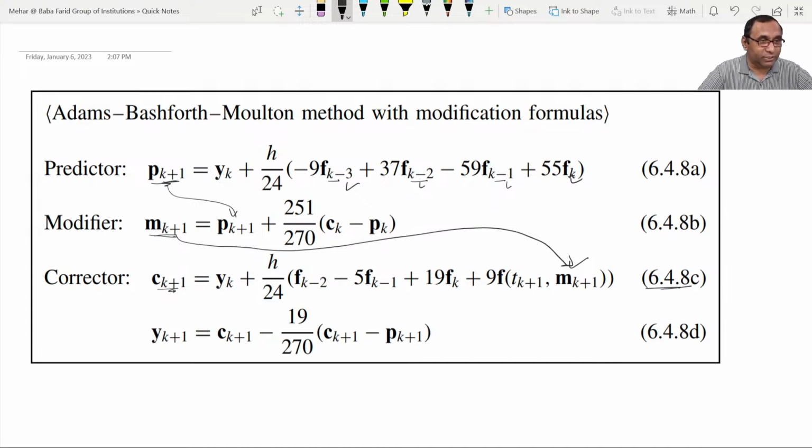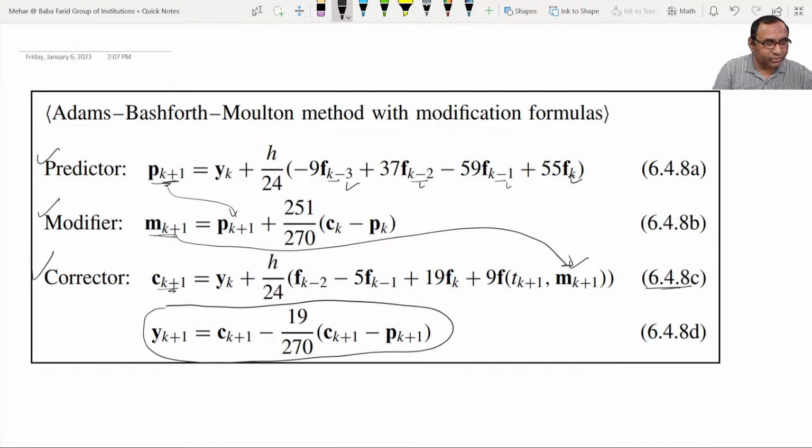Otherwise, the lecture will be too long and I will not be able to complete it in one session. So here, this is the predictor, this is the modifier, and then we have the corrector, and the final value will be given by this equation.